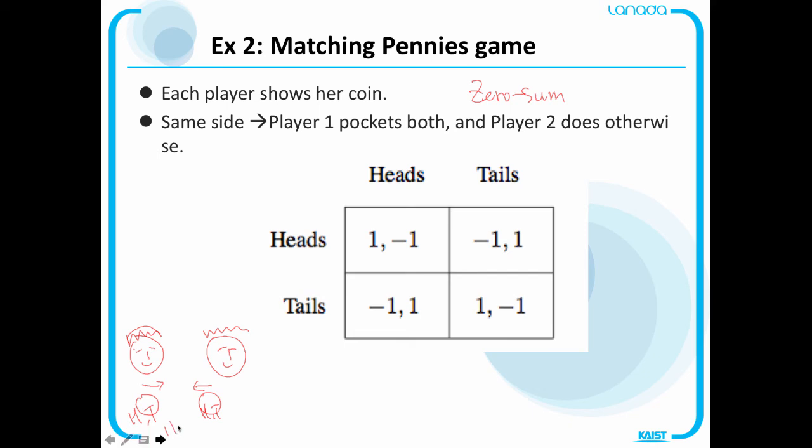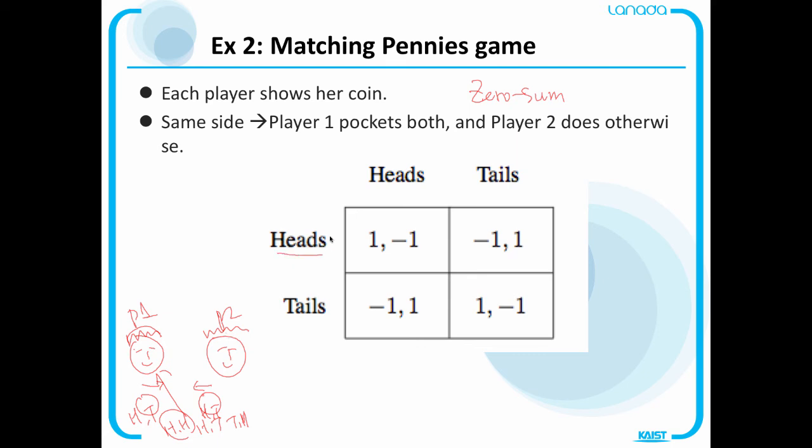If the two coins are both heads, then player one pockets the coins. But if we have different faces, like head and tail, then player two will pocket them. Then what's the payoff of this game?